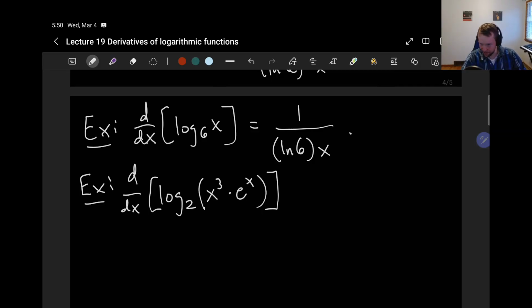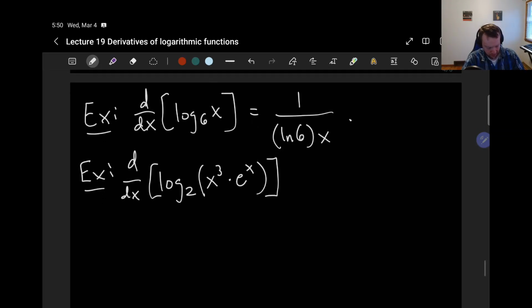But I'm going to skip that. I've done plenty of two-method solutions today. So let's just not use log rules here, but we'll do chain rule instead, because I have a function inside the log function.